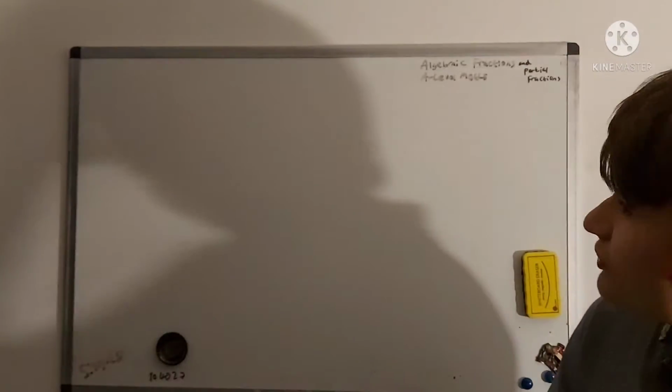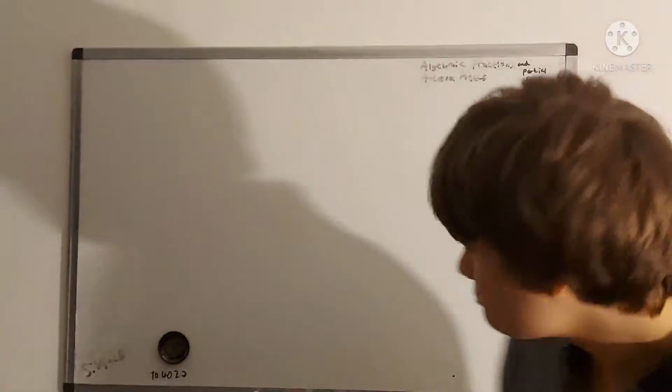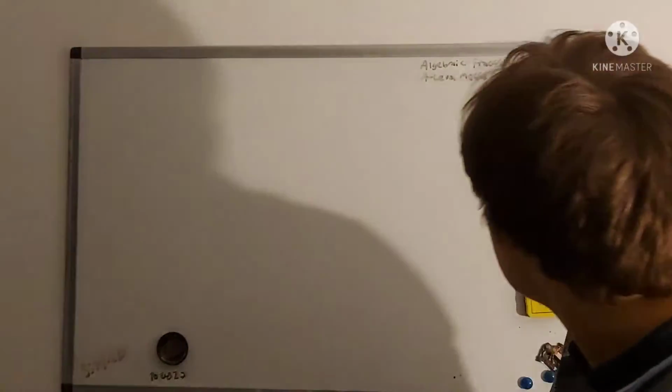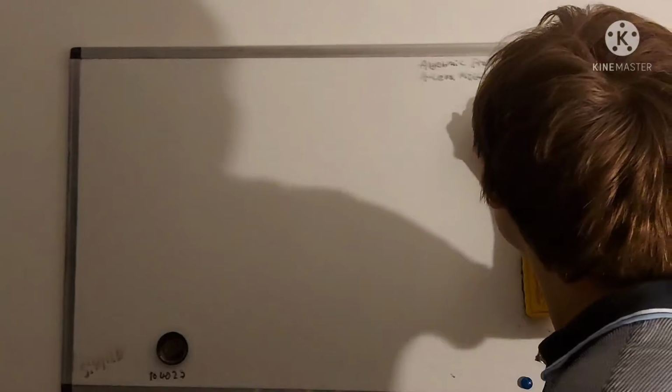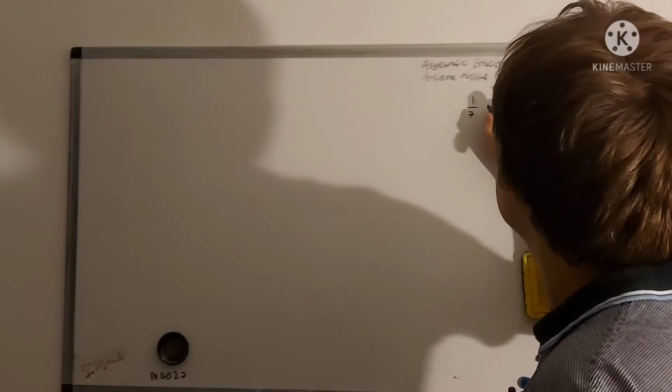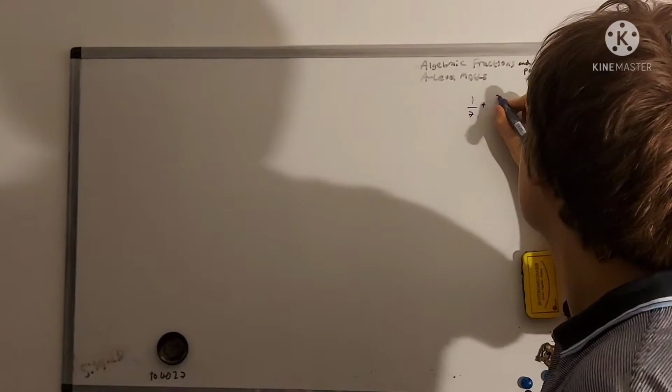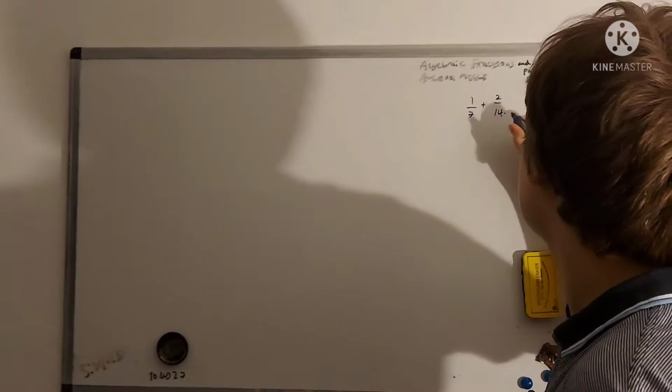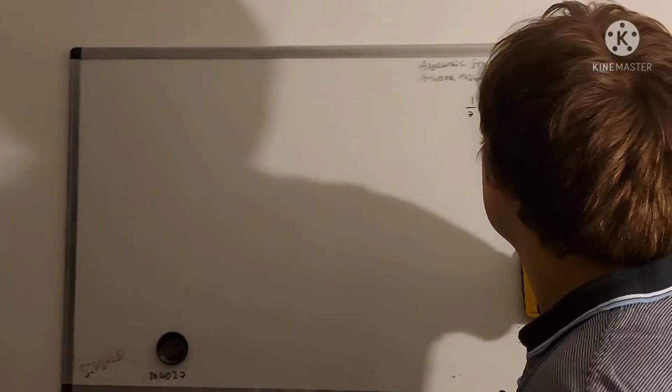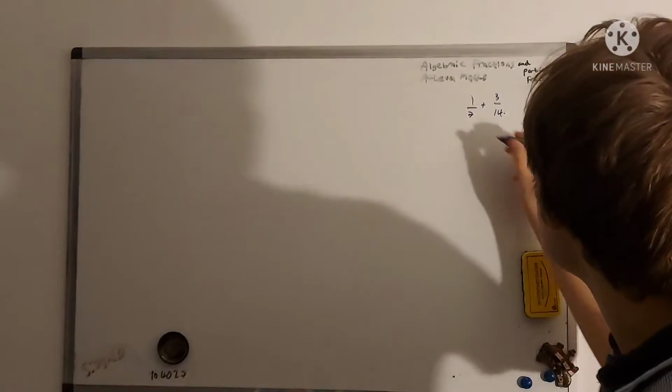So, algebraic fractions then. First of all, what is an algebraic fraction? Funnily enough, it's got algebra in it. How could you guess that? But to look at algebraic fractions, let's have a look at 1 over 14 plus 3 over 14. I know you can add those together, I'm not going to insult your intelligence so much.